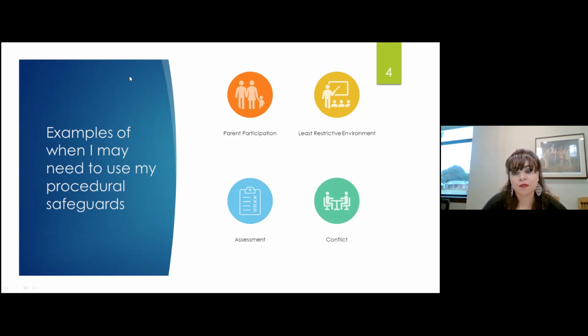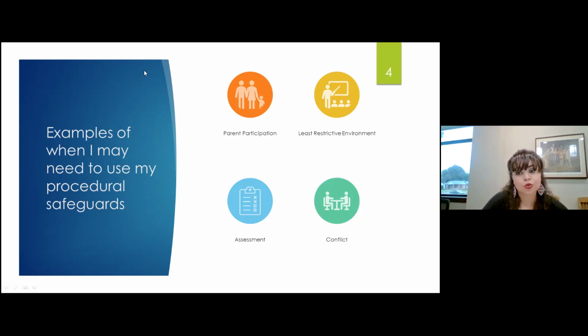Least restrictive environment. So under the IDEA 2004, it is also noted that students with disabilities should be in their least restrictive environment. So an example would be if the school is proposing to shorten your child's school day due to behaviors, or if the school has proposed to move your child or increase your child's time in a more restrictive environment, then that would be where you'd be able to use your procedural safeguards to ask, this was a decision based upon the school's opinion and the school just wanting to propose this without your input.